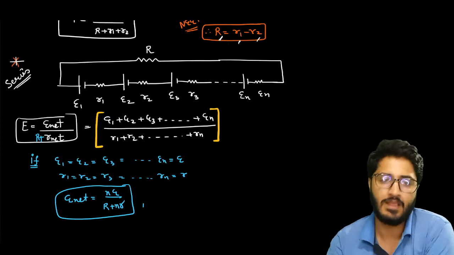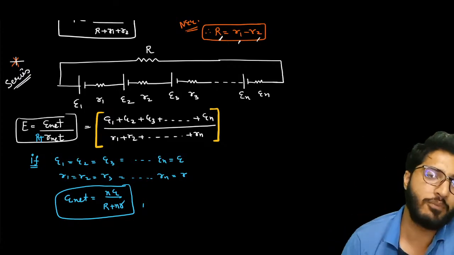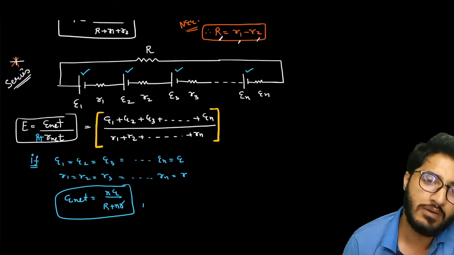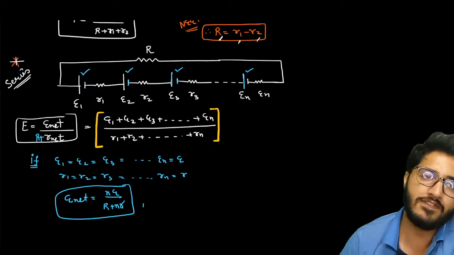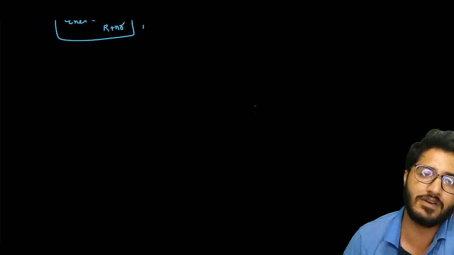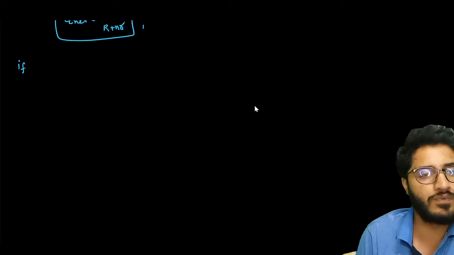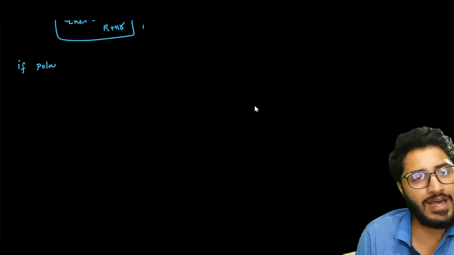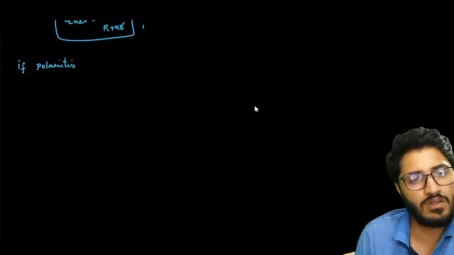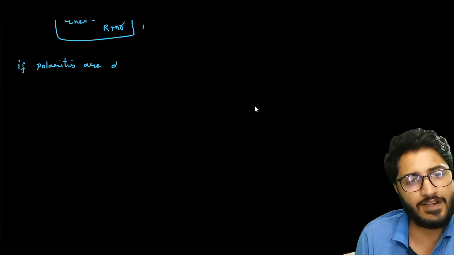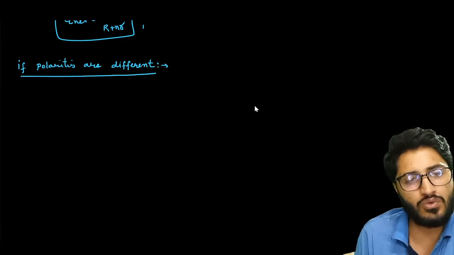Done. And look here, you can see the polarity of each and every cell is the same. Look, positive one is connected with negative one. This positive is connected with this negative one, and so on. If now, let us suppose the polarities are different, what do you need to do?